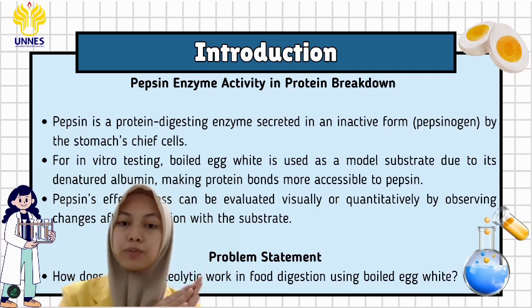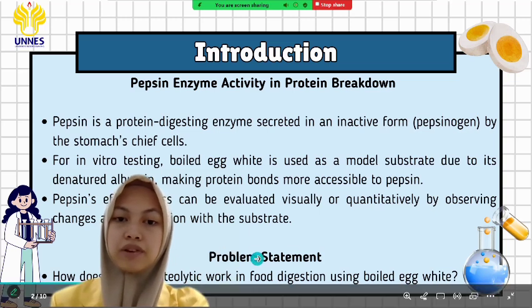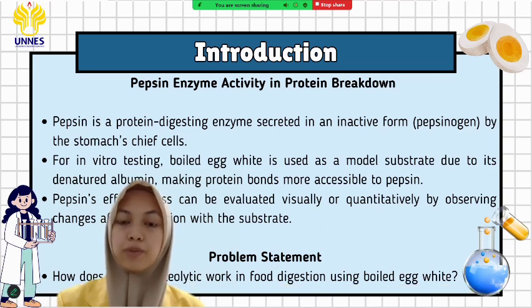The process of protein breakdown by pepsin can be observed visually or measured to assess its effectiveness in digesting food protein. So, the problem statement is: how does pepsin proteolytic work in food digestion using boiled egg white?